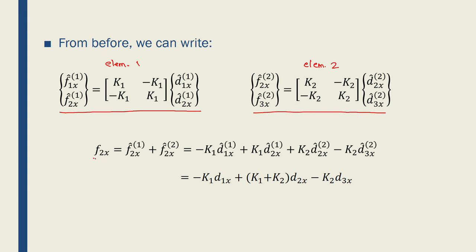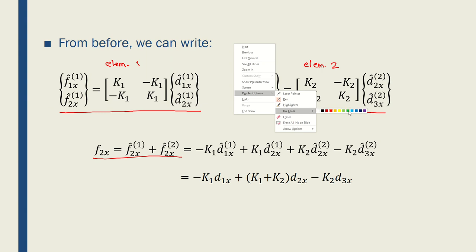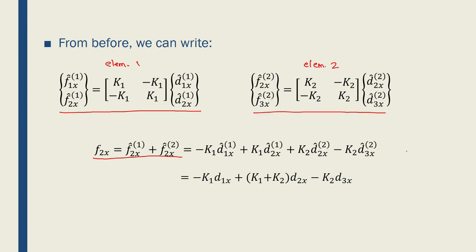So we also know that, again, F2x is equal to F2x1 plus F2x2. F2x1 would be found from multiplying this row, minus k1, k1, by this vector.